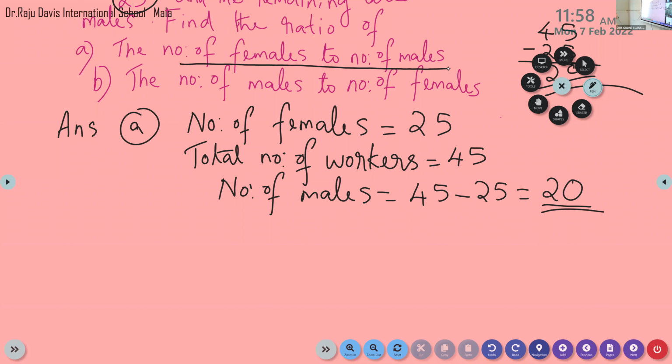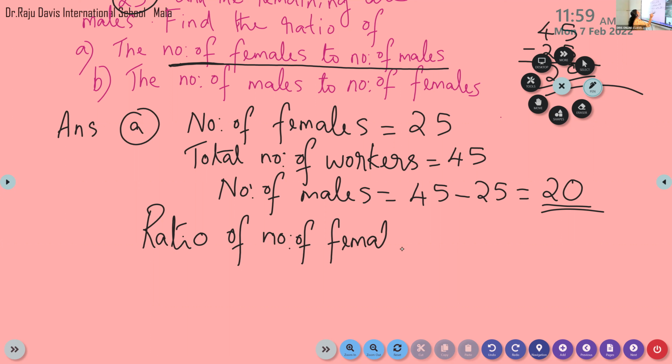Look at question number A. We are finding out the ratio, so you had to write first the ratio of number of females to number of males. Ratio of 25:20.